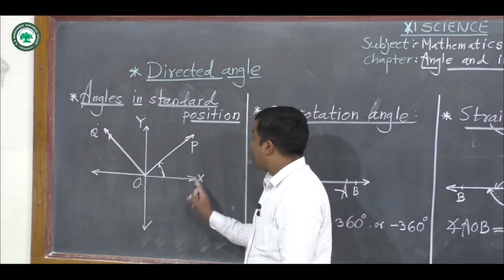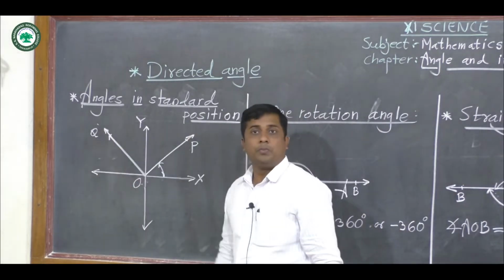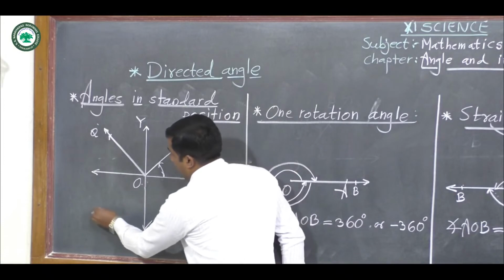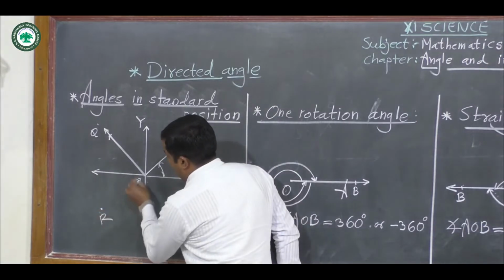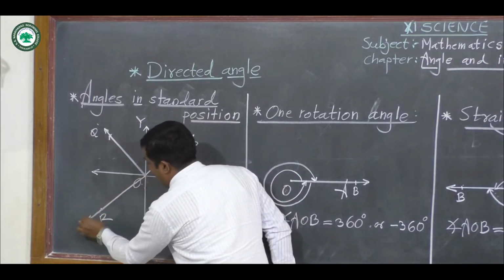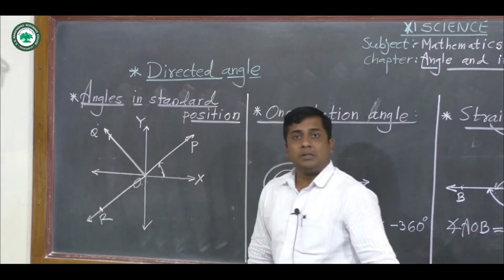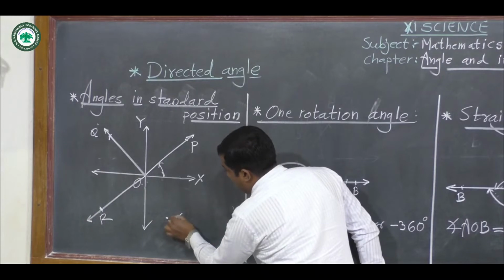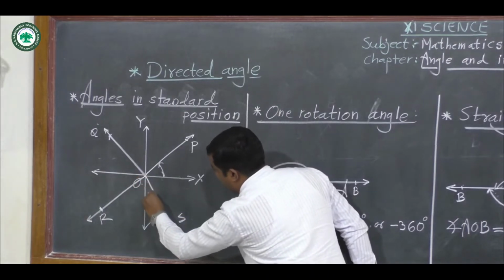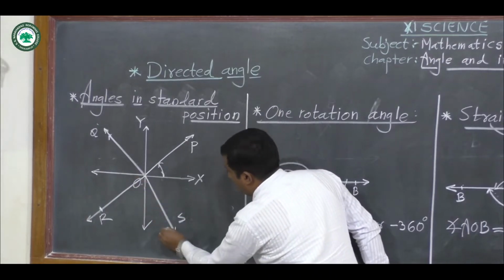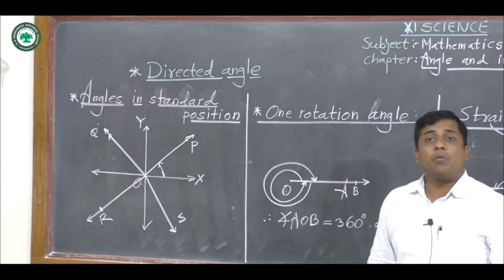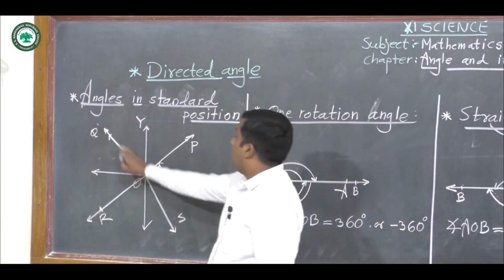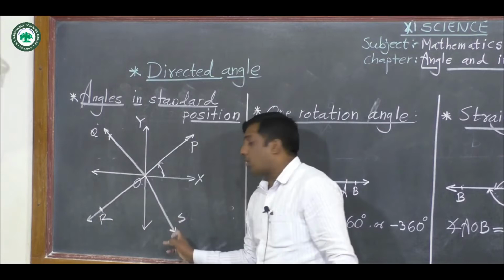We consider angle XOQ. Then suppose here is our R, consider the ray OR like this. Then we consider S, suppose S is here, we consider the ray OS. So in this figure we consider rays OP, OQ, OR and OS.